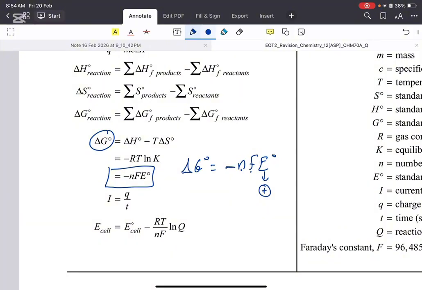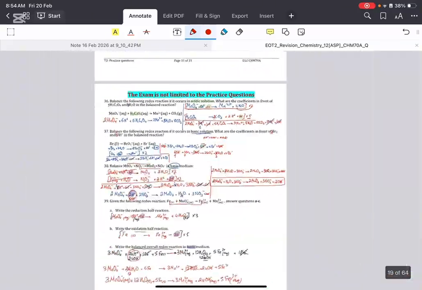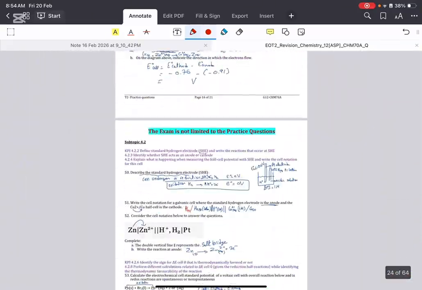So if E cell is positive, a positive multiplied by a negative value gives delta G negative. Now, if E cell is negative, and there's another minus over here, then delta G is going to be positive, and it's going to be a non-spontaneous one. So remember this formula.